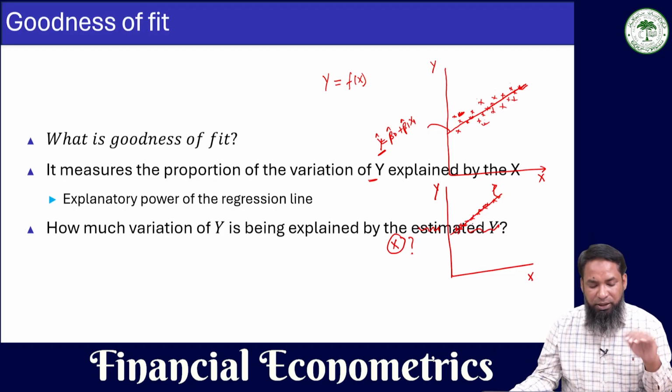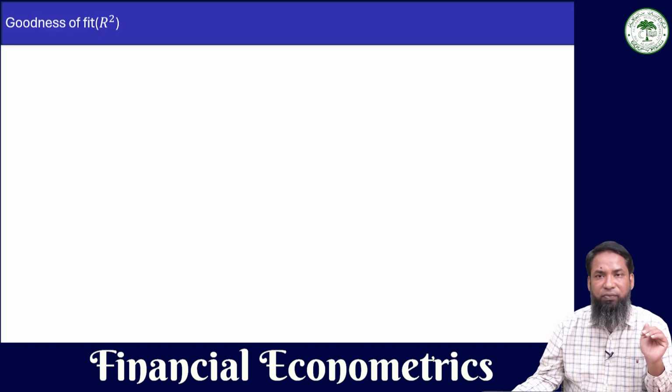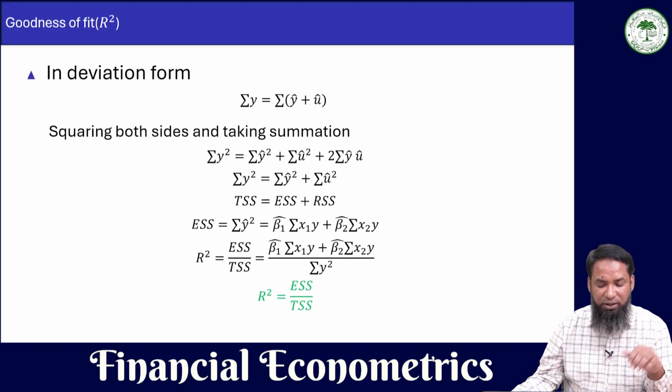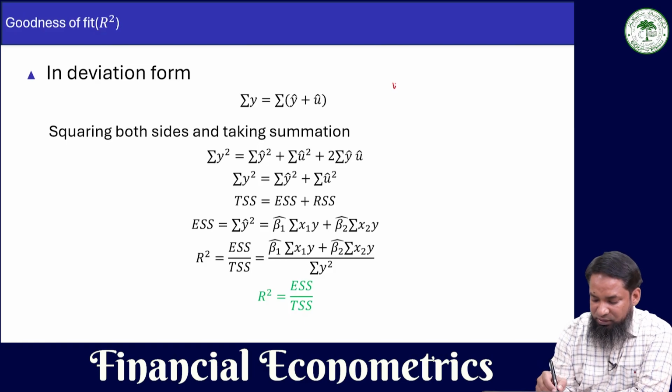Now, to formulate the mathematical formula for this goodness of fit, often represented by R square, we can think of it this way. In deviation form, y is equal to y hat plus u hat. What is this y?